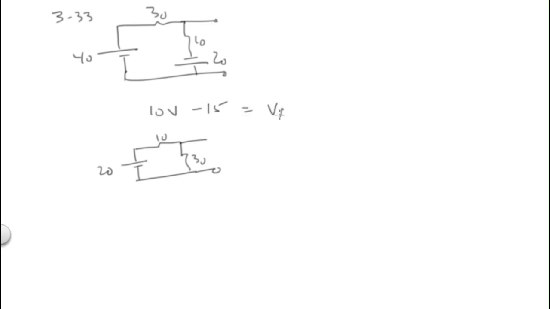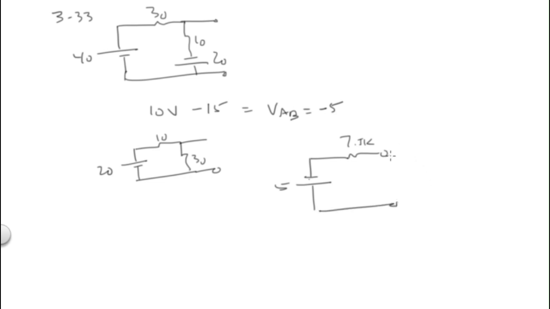So I have a VAB of minus 5. So I can redraw. I can say like this, 5 volts, that's a minus 5 volts because it's pointing down, and I have my 10 and 30 or 7.5K, and there's my Thevenin equivalent circuit.